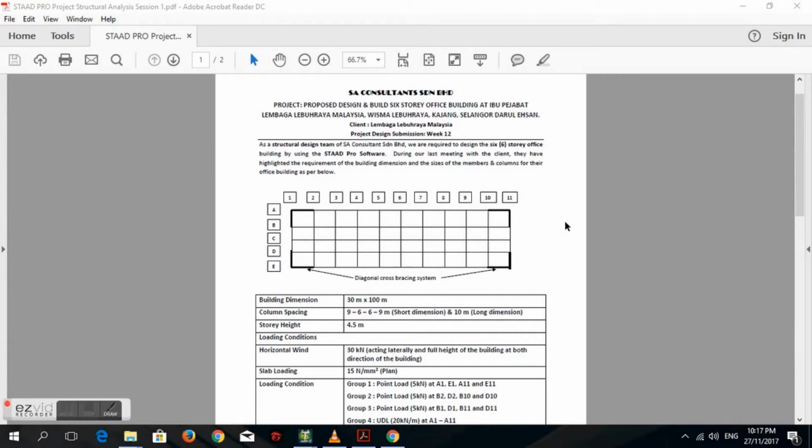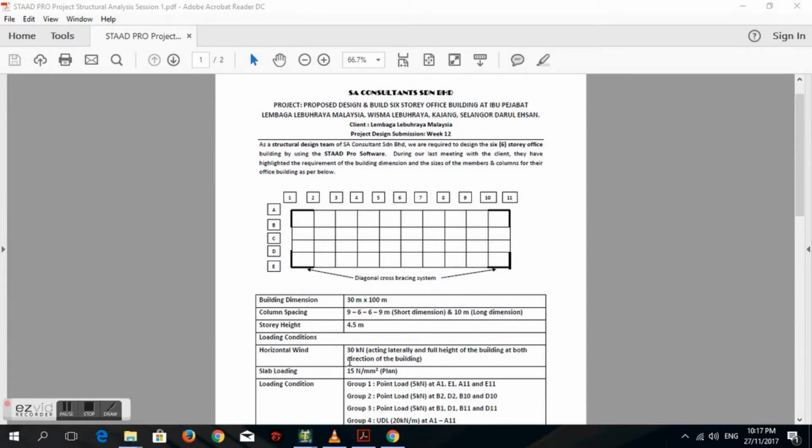Referring to the plan given, the building dimension is 30 meter times 100 meter. For column spacing, the short dimension is 9669 meter, and the long dimension is 10 meter, while the story height is 4.5 meter.